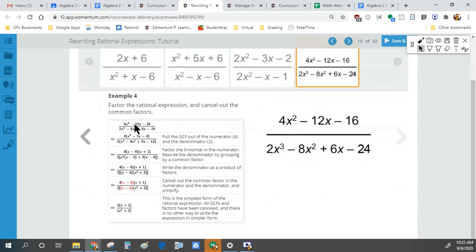Here, what they're doing is they're factoring out a GCF, then using the box method to factor these out. They call it factoring a trinomial. I just say box method. It's the easiest way to factor. Here, they're factoring by grouping. What that basically means is you're going to look at the first two, we use colors, and factor a GCF from there. And then you're going to look at the last two and factor out a GCF from there.